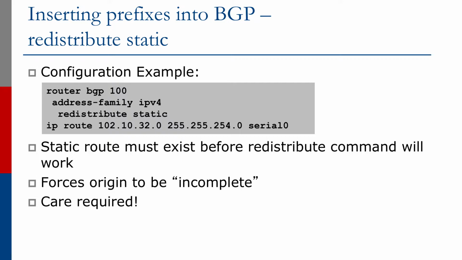When I said earlier all, be very careful with the all, because the redistribute static command will take every single static route and put it into BGP. So you need to be really careful with doing this, because it really will move every single static route into BGP, whether you want the route or not.